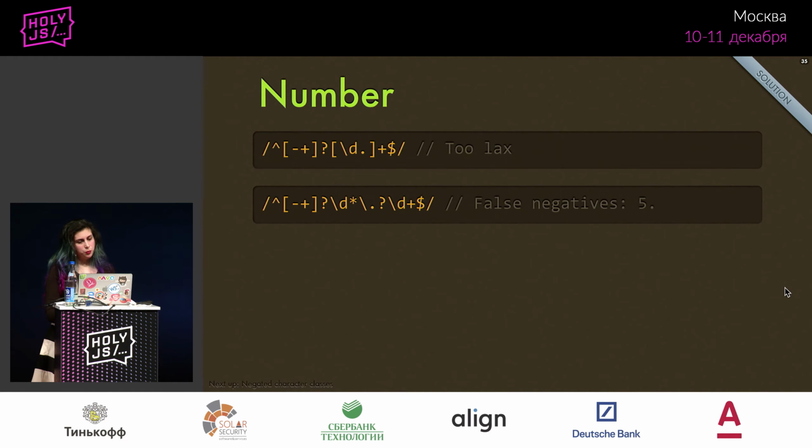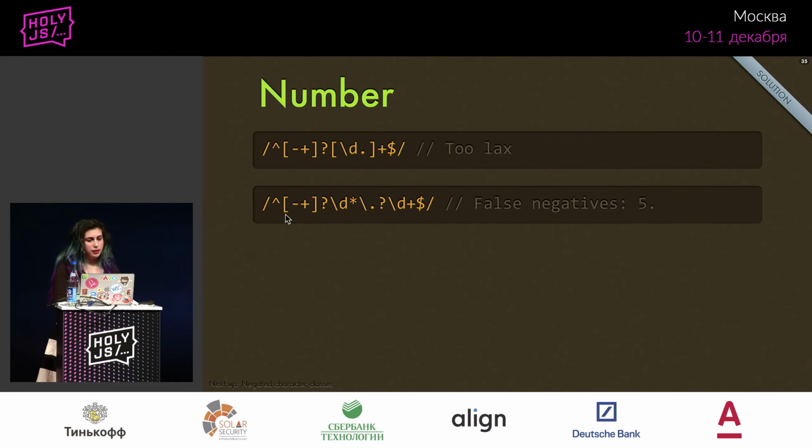This will work. It has a sign optionally, and then 0 or more digits, optionally a dot, and then 1 or more digits. And this will work, except it expects the period to be before the digits always. So it will fail on numbers like 5, period. It will not match them.